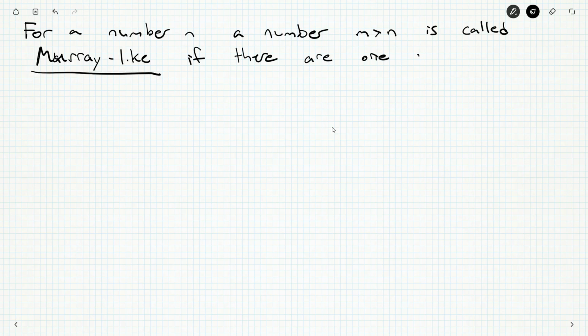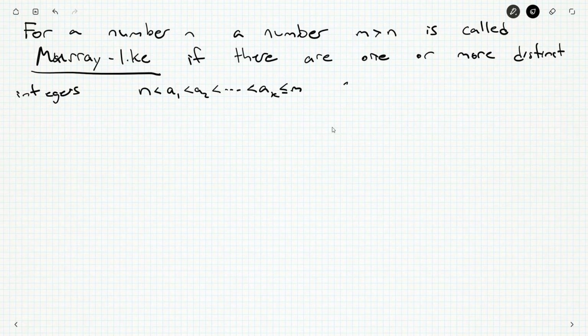If there are one or more distinct integers n less than a1, a2, and so on, less than or equal to m, so that n, a1, a2, all the way up to ak is a perfect square.